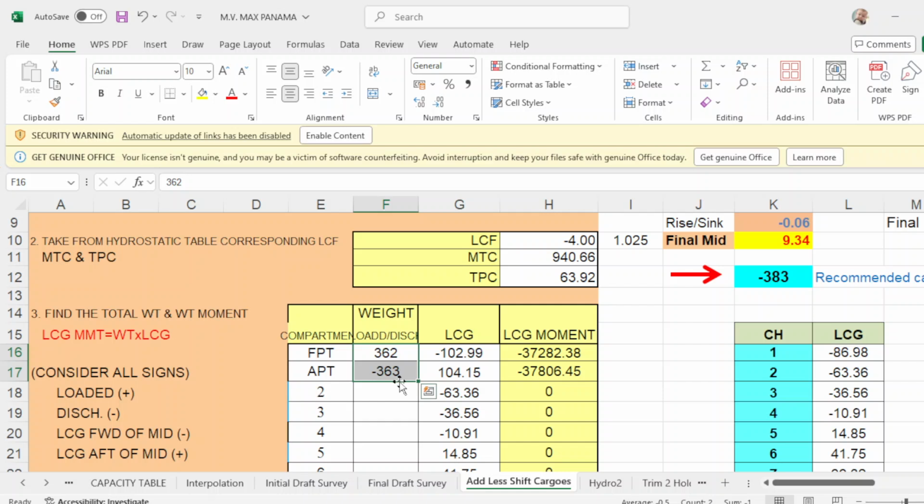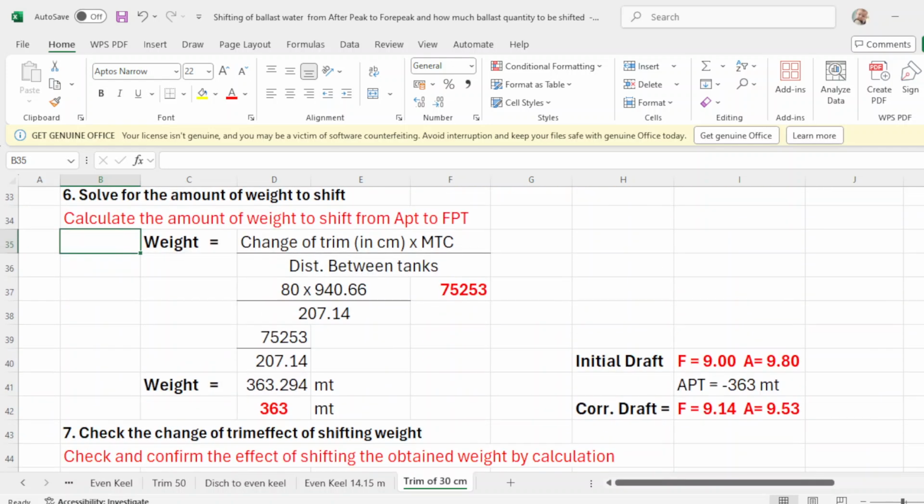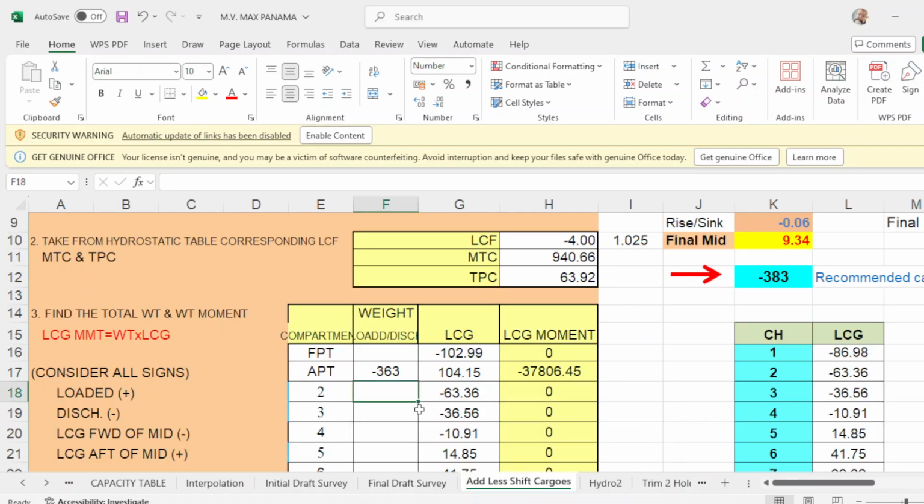What you do, you take out ballast in after peak, which is negative 363, according to the computation by Excel. Okay, the weight we are going to use is 363. That's why you put negative 363 in after peak, so that you will shift it to fore peak.